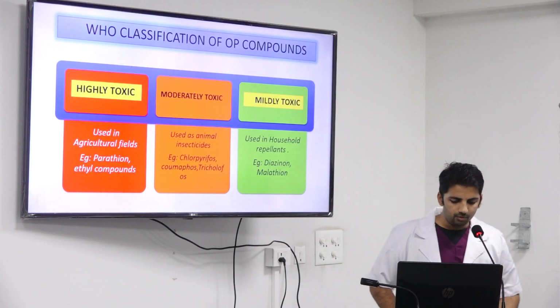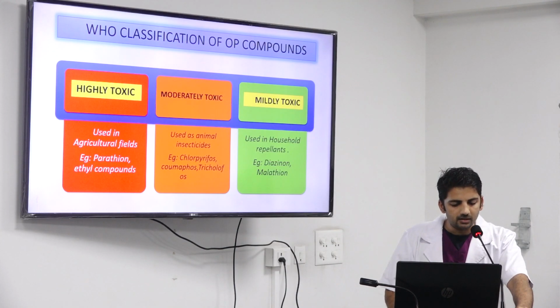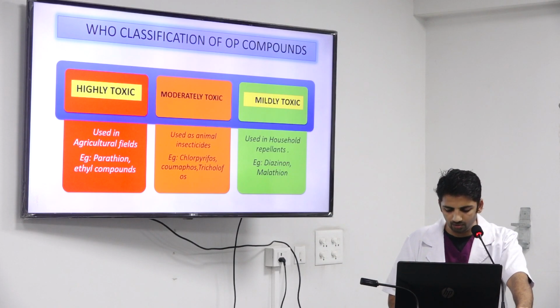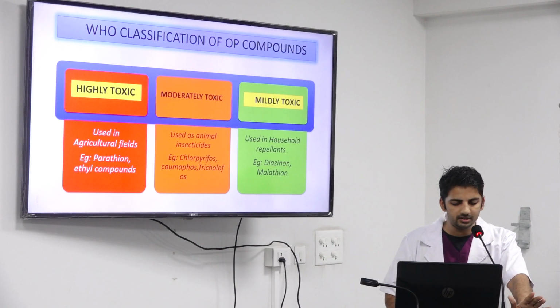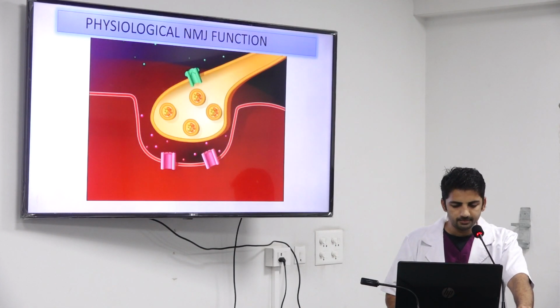So this is the WHO classification of organophosphorus compounds based on toxicity, classified into highly toxic, moderately toxic and mildly toxic, among which the commonest compound, parathion, comes under highly toxic, followed by chlorpyrifos, which is moderately toxic. So we usually get only these cases, highly toxic and moderately toxic, and the mildly toxic compounds are usually used in household insecticide repellents.